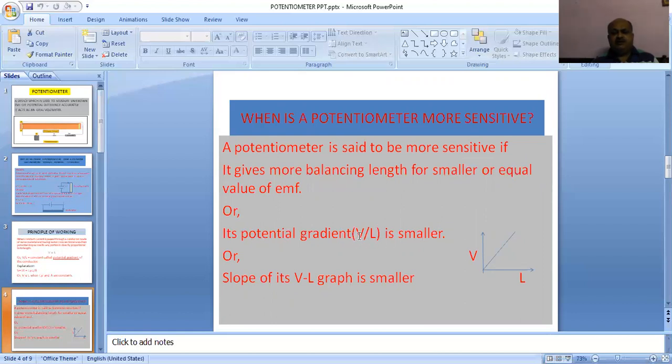V is constant or smaller, L is more, so V by L will be smaller. Or for a potentiometer which is more sensitive, the slope of its VL graph is smaller. I have taken here a VL graph, and if this angle is less for a potentiometer, then that potentiometer is said to be more sensitive.